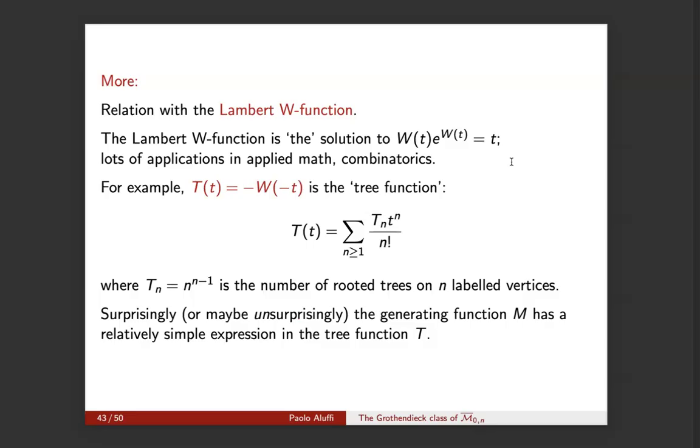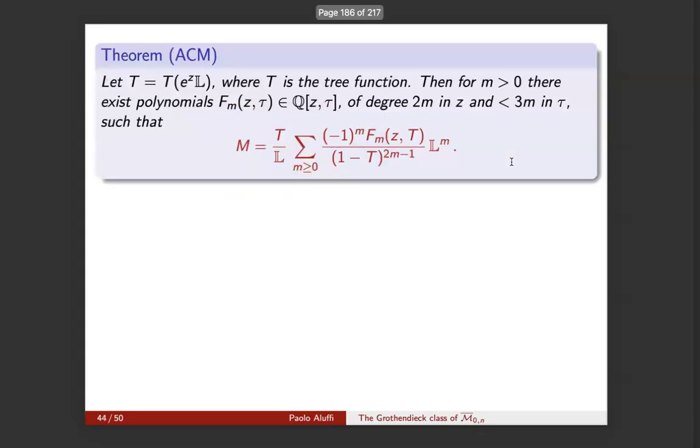And maybe this is why this function turns out to make our expressions a little easier. Now, if you adopt this tree function and put in some extra information, so t now is the tree function applied to the exponential of zL, then there are just polynomials that allow you to write a very simple expression for the generating function we've been talking about for the Grothendieck class of M_{0,n} bar.